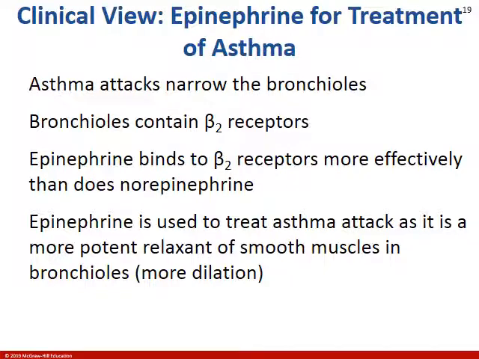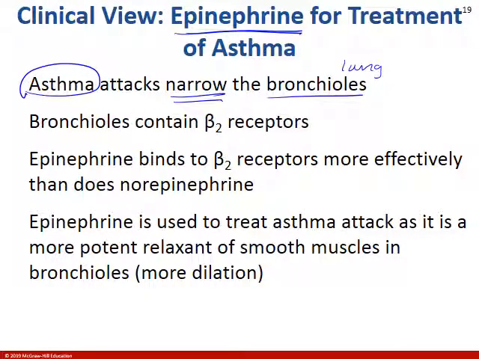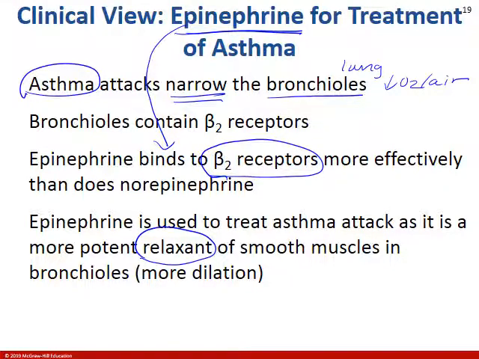Here's another good example in clinical treatment for asthma. So here we have asthma, right, which causes the bronchioles in your lungs to narrow. So you have decreased oxygen airflow. If we give you epinephrine, it binds to your beta 2 receptors and it causes them to relax, and they dilate, and that increases oxygen and air.